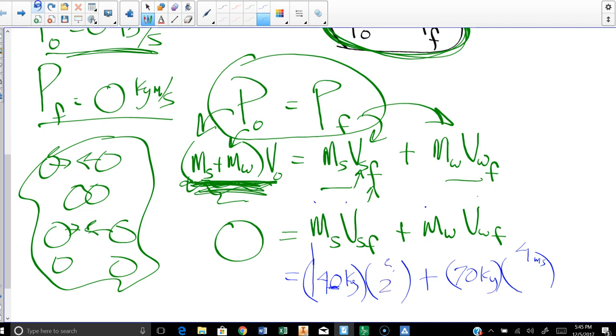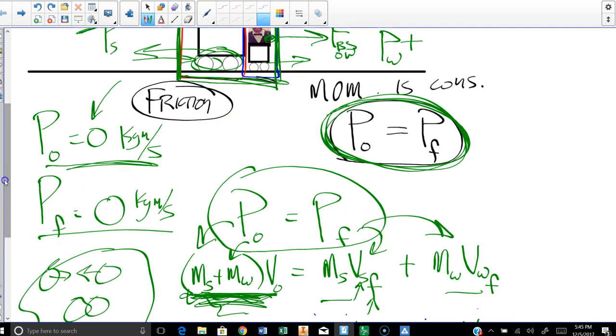2 meters per second, except which way is he going? Yeah, his would be negative. Because what do I need this and this to add up to? I need to add them up to 0.